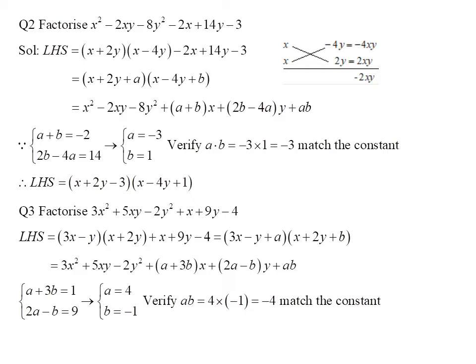Hence, two simultaneous equations are established for this purpose, and both values of a and b are calculated and determined. Finally, don't forget to verify the calculated coefficients against the constants in the original binary quadratics.